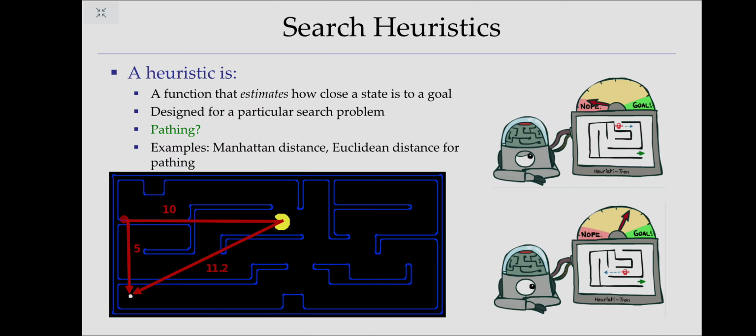The difference between the y axis is the absolute of y2 minus y1. Its absolute is 5 and the absolute of x is 10. 10 plus 5 is 15 as the Manhattan distance between the agent and the goal.